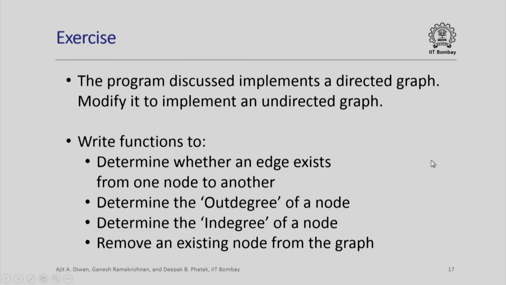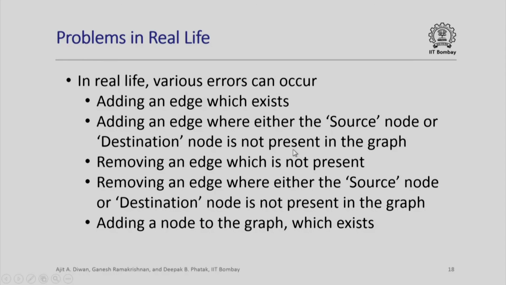Before ending, I would like to point out certain real life issues that may crop up. So far, we have assumed that all our input is perfect and correct, and therefore, we did not bother to cross check while removing an edge, for example, whether the edge existed or not. In problems in real life, there are various errors that can occur. For example, because of the wrong input given by the user, we might try to add an edge which already exists, or we might try to add an edge where either the source node or destination node is simply not present in the graph.